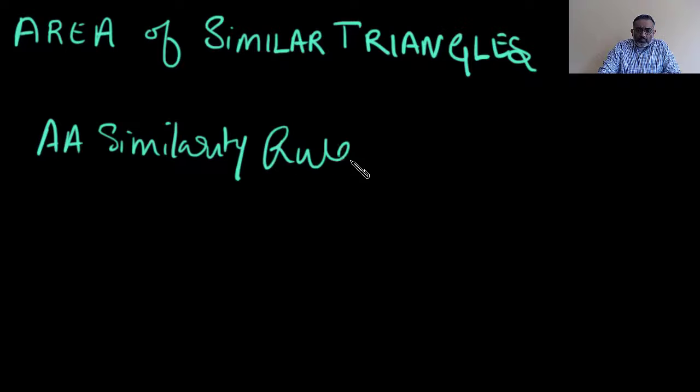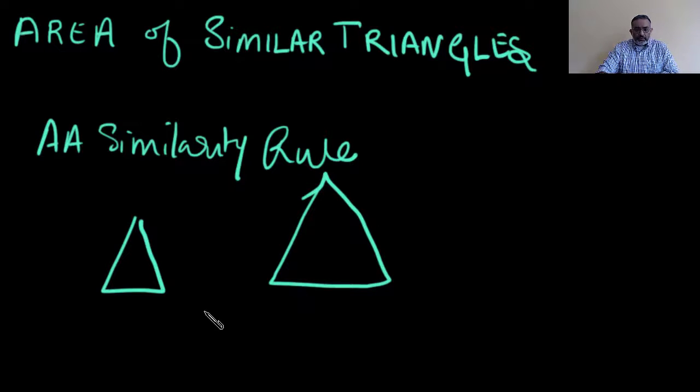rule for two triangles. All right, so let's imagine two triangles, and let's say that these two angles are the same and these two angles are the same.